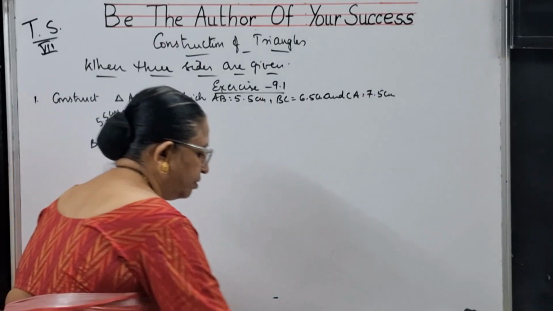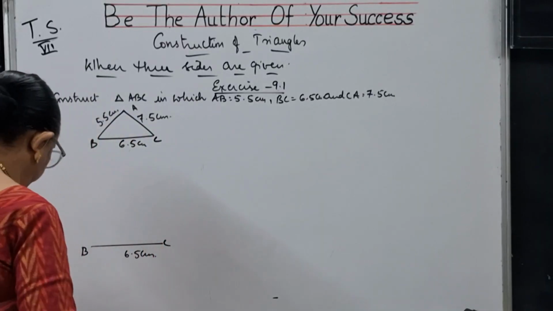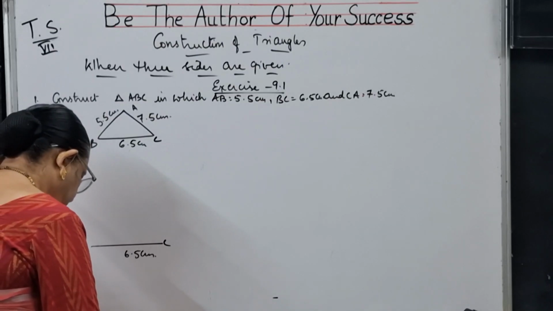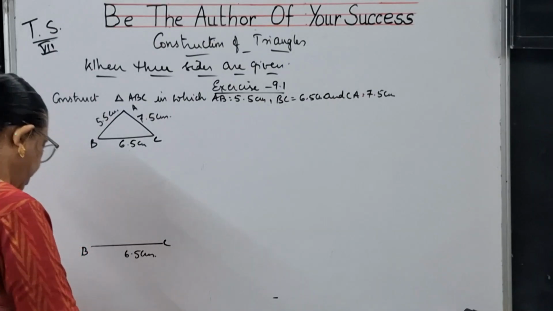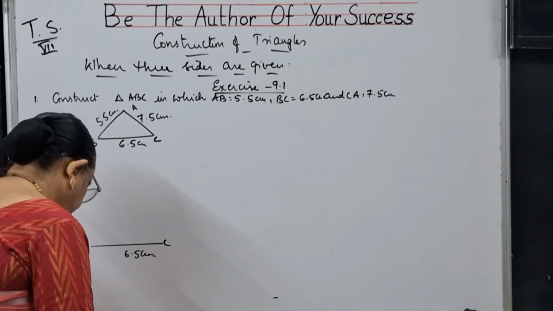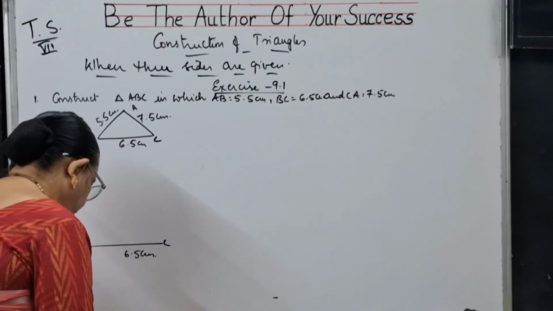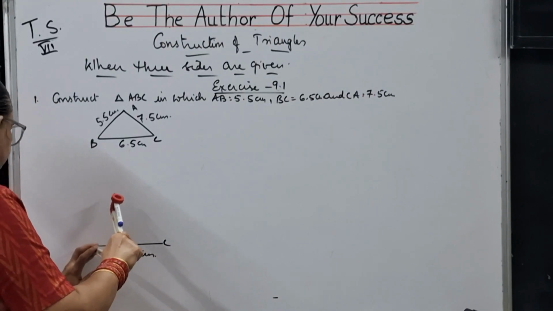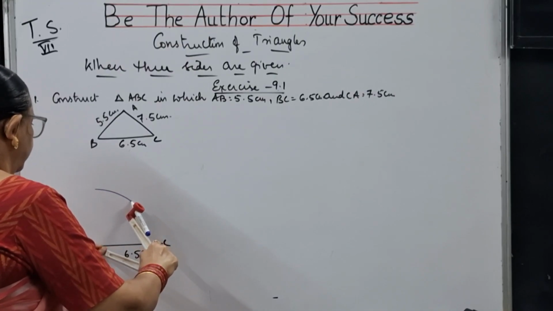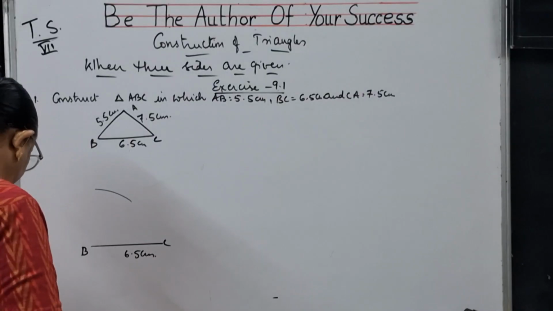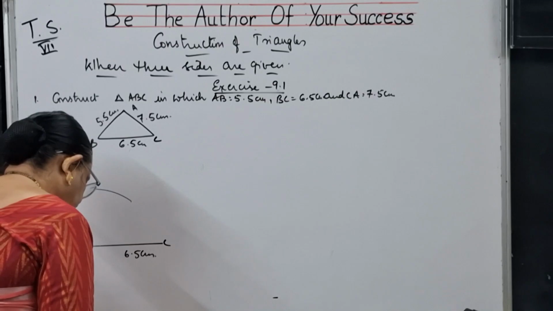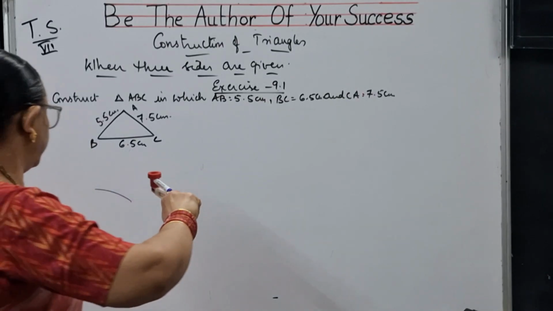Next, B as a center, 5.5 centimeters as radius. You have to draw an arc. Sorry, the first time when you are drawing, you have to say draw an arc. B as a center, 5.5 centimeters as radius. This is an arc which you have drawn. Next, C as a center, 7.5 centimeters as radius.